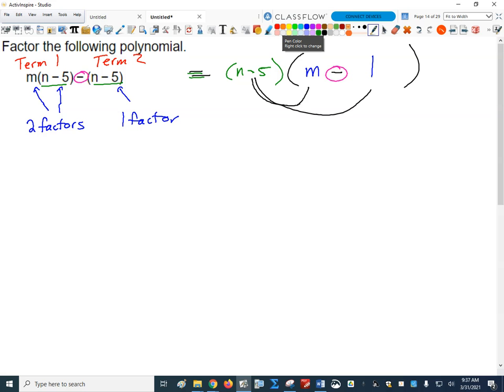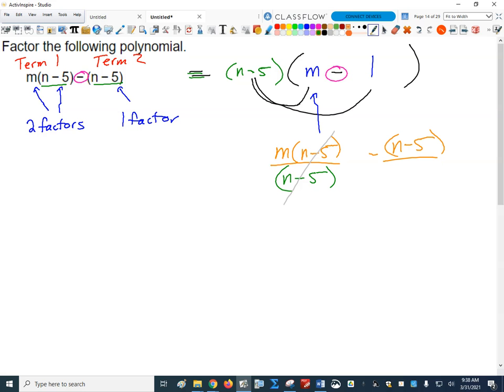Well, we could have just divided to get what these were, right? We could have taken this first term, m times n minus 5, and divided by n minus 5, and look what happens. Those cancel, right? And that's another way to get that m, okay? And over here I had a minus n minus 5 divided by n minus 5.